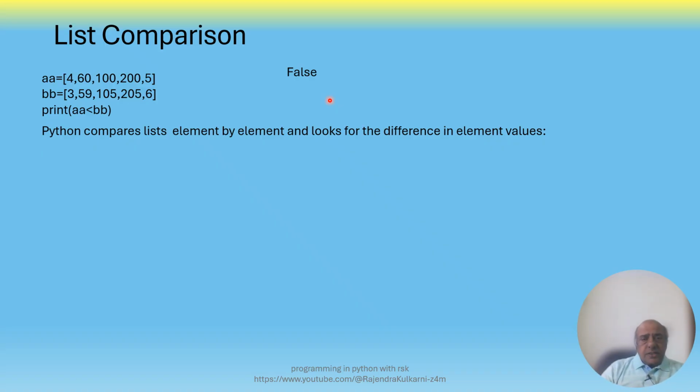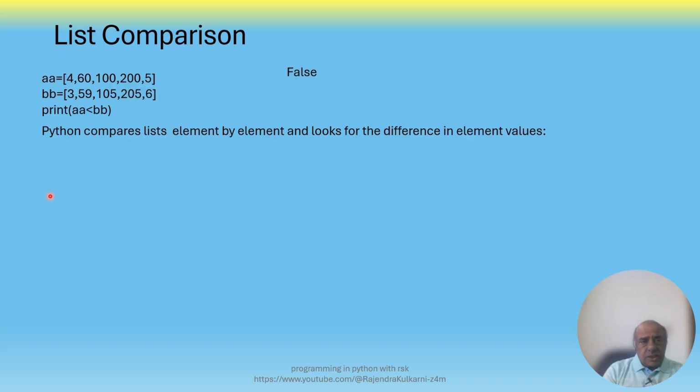Python compares lists element by element and looks for the difference in element values. It will compare in the first comparison itself. When it compares 4 with 3, AA is less than BB becomes false. It will not search further elements.